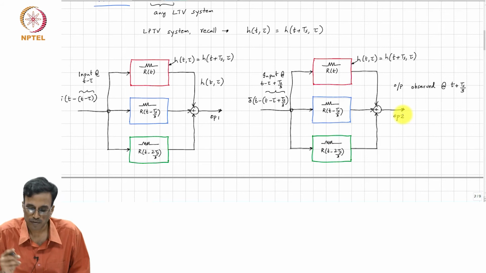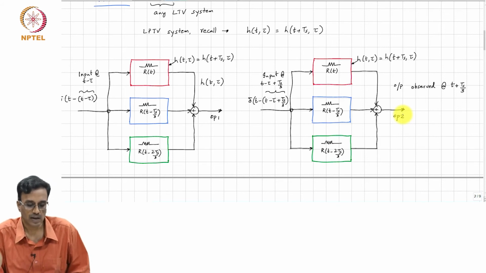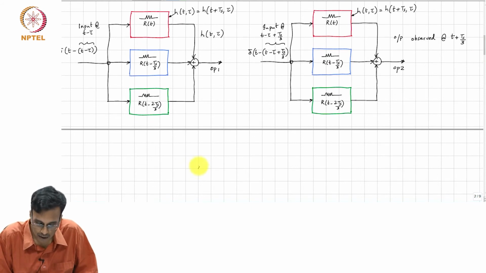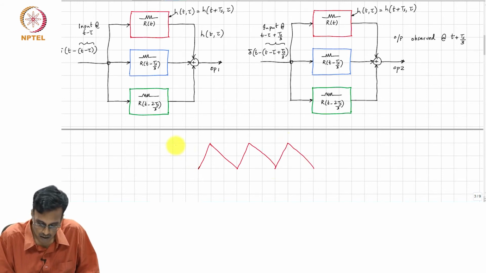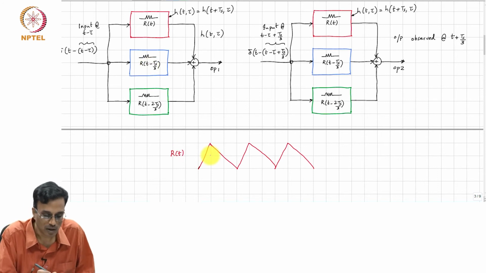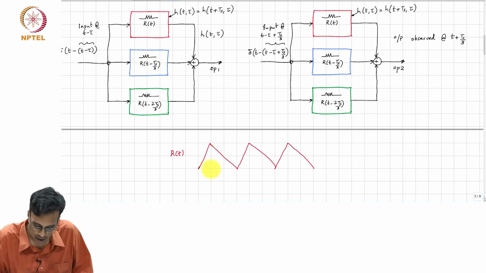So, remember R of t was like this, and what happens with R of t minus Ts by 3? Well, that does something like this.